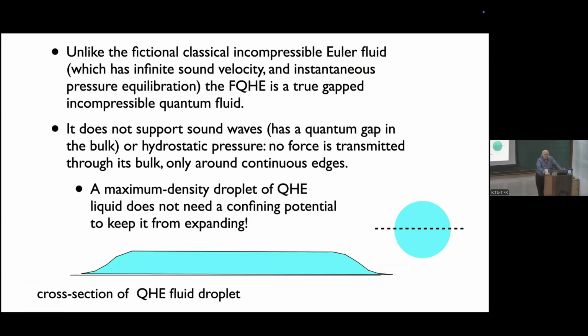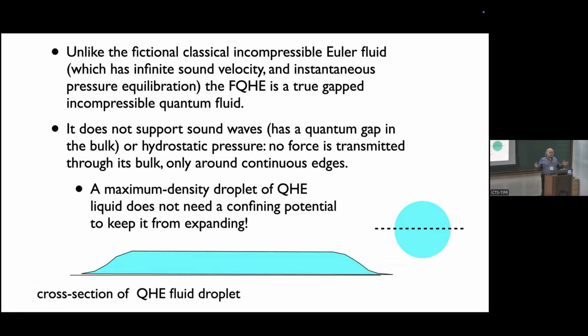Okay, what about fluid dynamics? This is actually kind of interesting because it hasn't been exploited in the past. Unlike the fictional incompressible Euler fluid, which is a model of an incompressible fluid that has an infinite sound velocity, so it violates relativity, it violates causality.